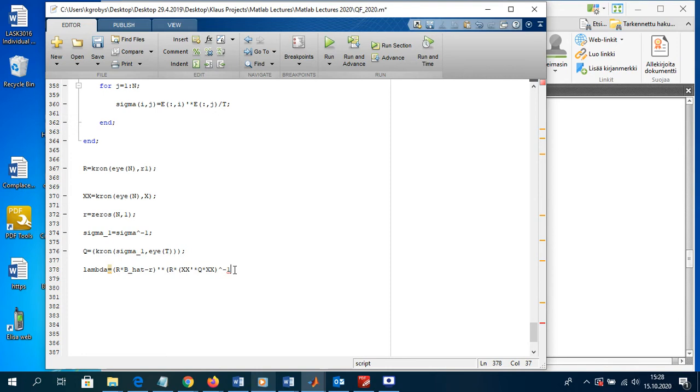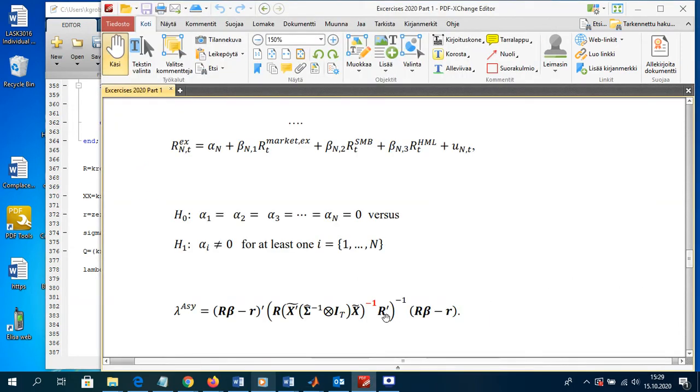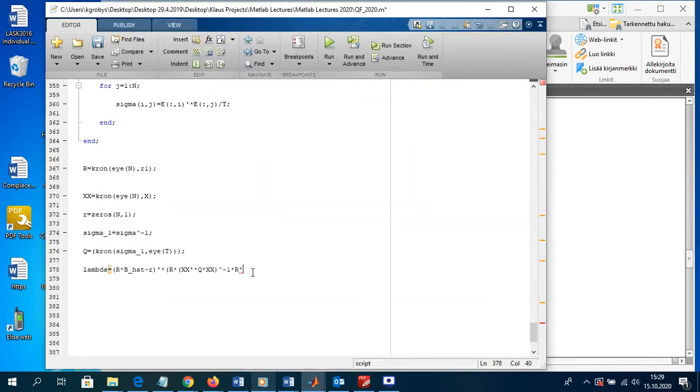And now remember that on the whiteboard, we missed this, but this is the correct thing. You should invert it times R transposed, right? And now we have to invert this parenthesis here as well.